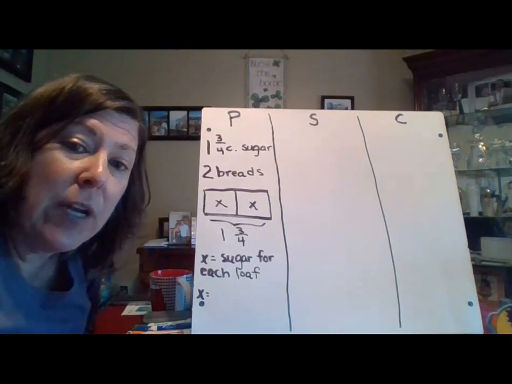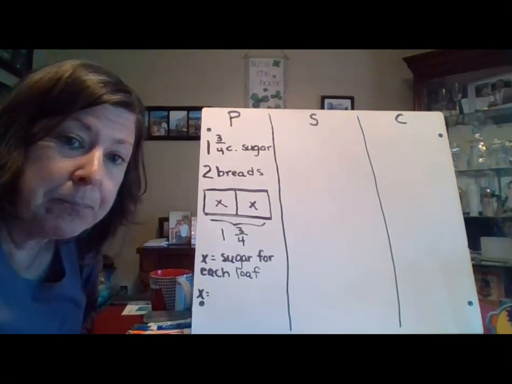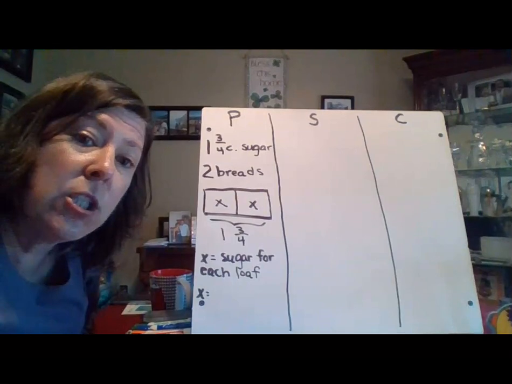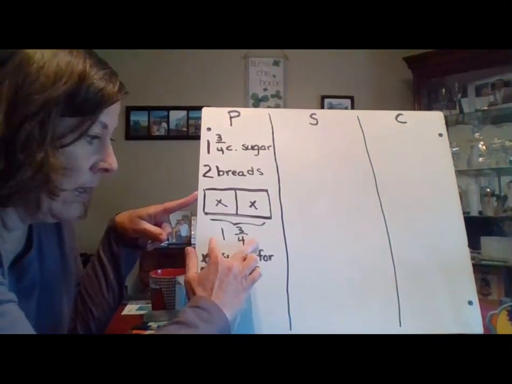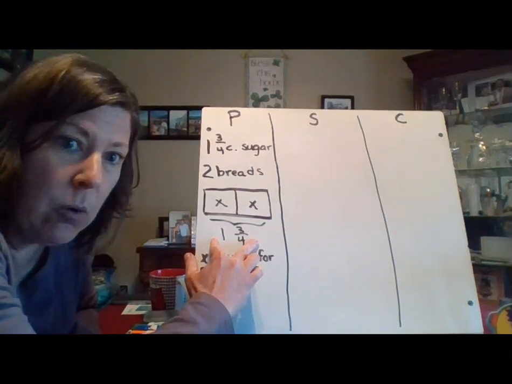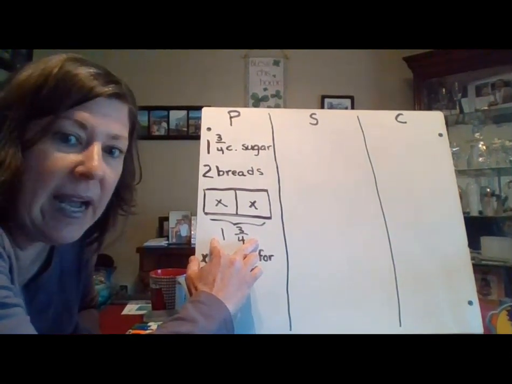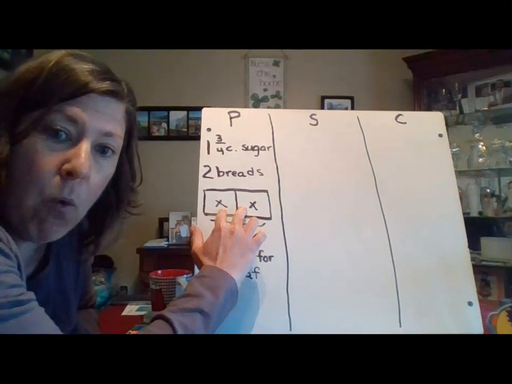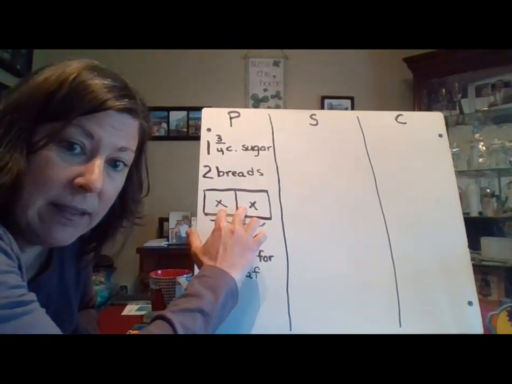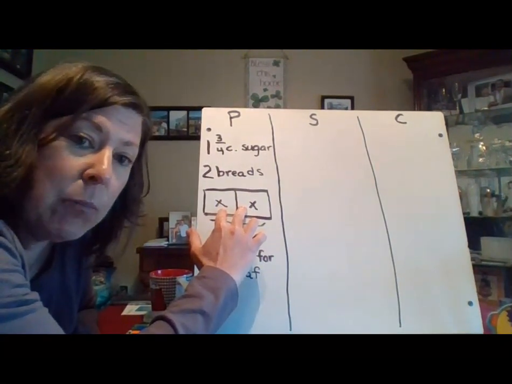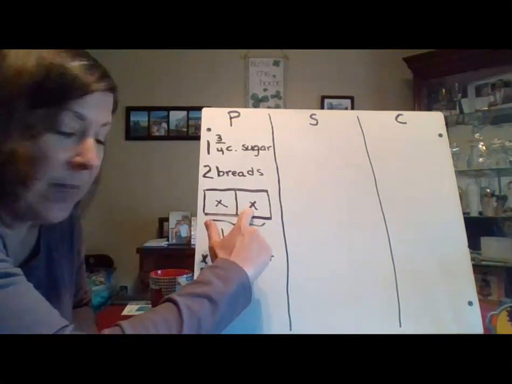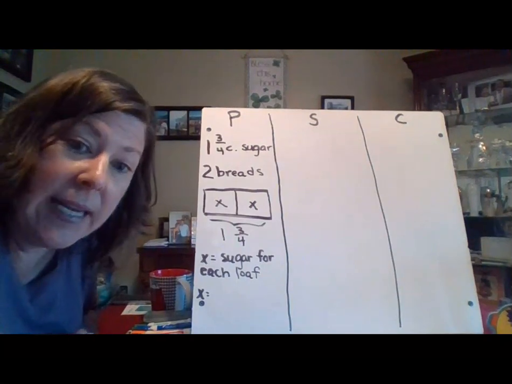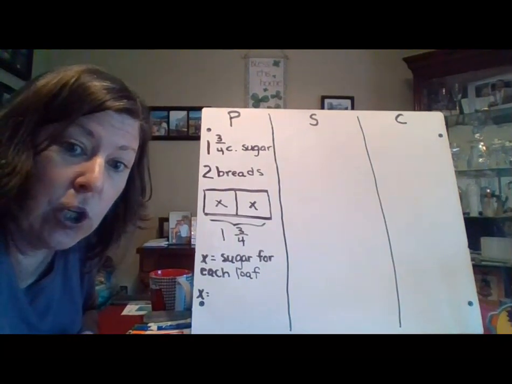I reminded myself I have 1 3/4 cups of sugar for 2 breads. So I made a tape diagram. The sugar is the total. That's what I have to use for each loaf of bread. And because they said we're using the same amount of sugar in each loaf, I put the same letter, X, and X is the sugar for each loaf.